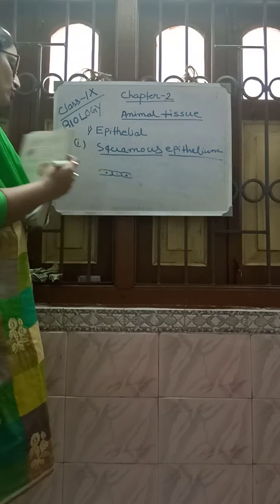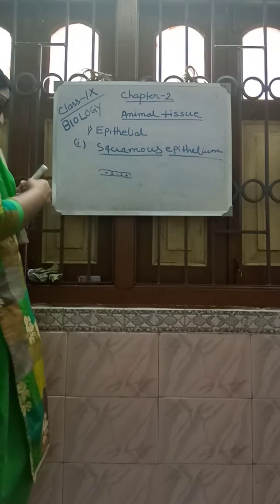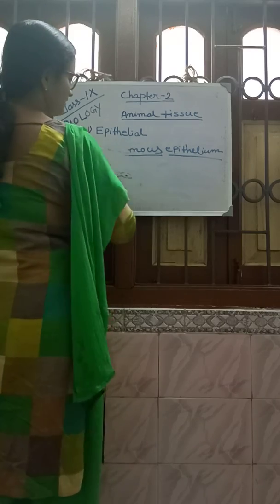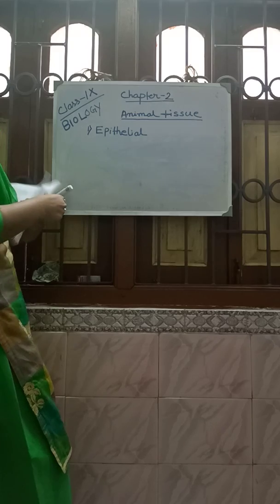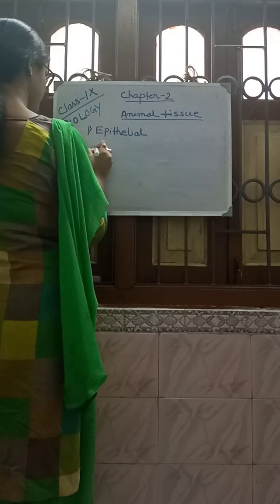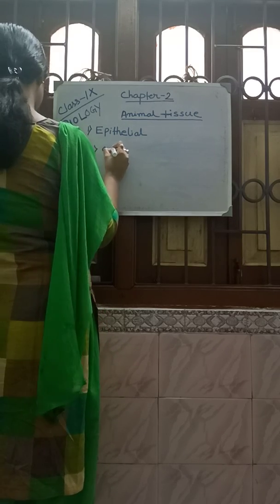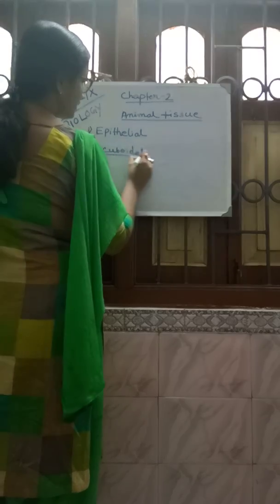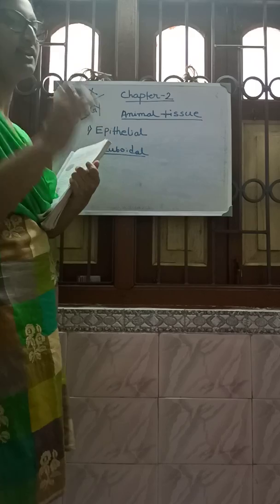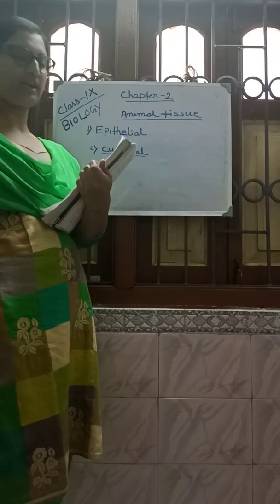The second one is the cuboidal epithelium. Actually, this is a cube-like structure.